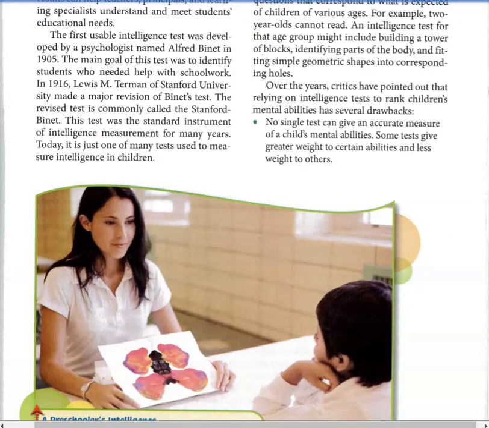However, over the years, there are a lot of critics who say that relying on intelligence tests to rank children's mental abilities has several drawbacks. And we have really expanded upon that notion in more recent years as well.